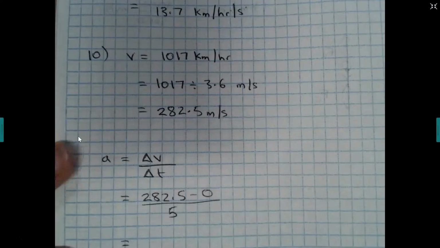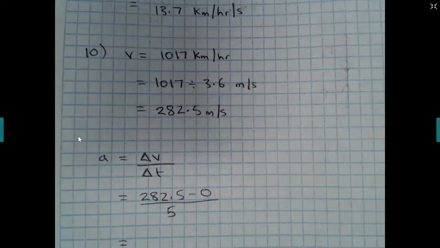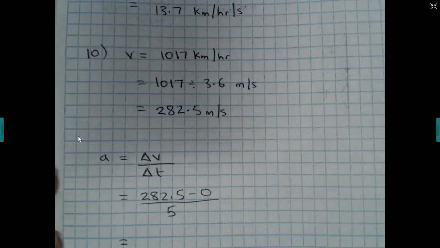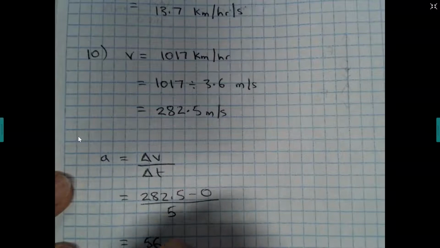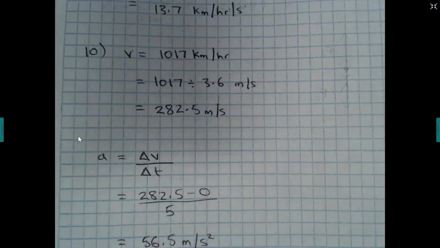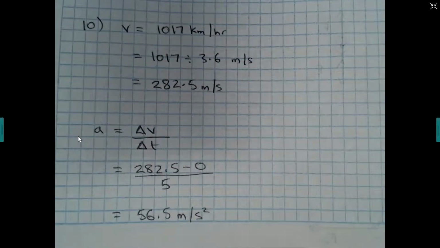So you get 56.5 meters per second squared. And notice that it comes out as a positive value because he's accelerating.